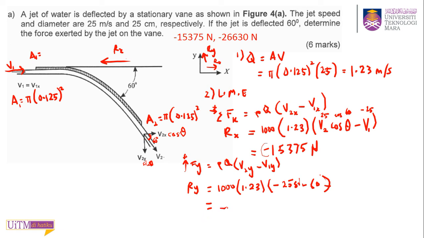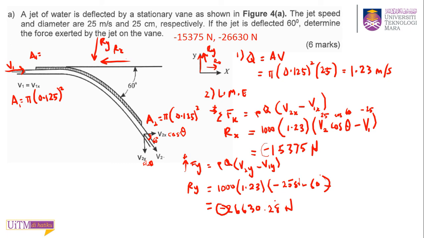Negatif 26,630.28 Newton. So again it's a negative, so that means this assumption upward is wrong. The Ry should acting downward lah. Okay, so it's your Ry.